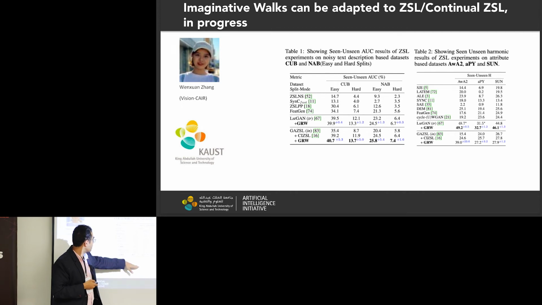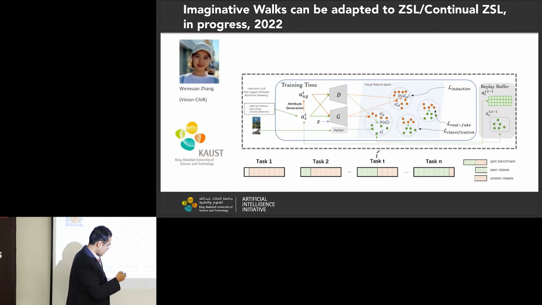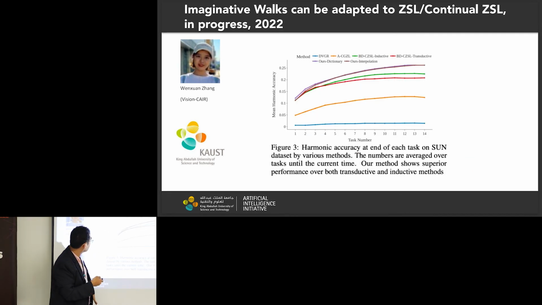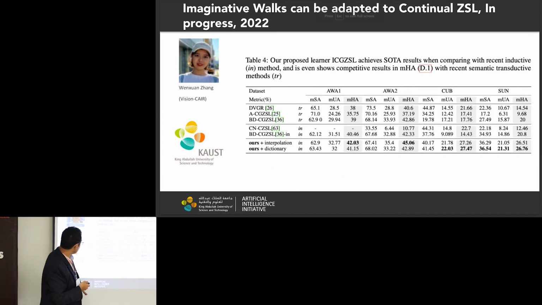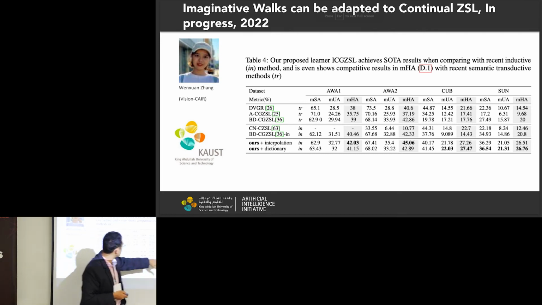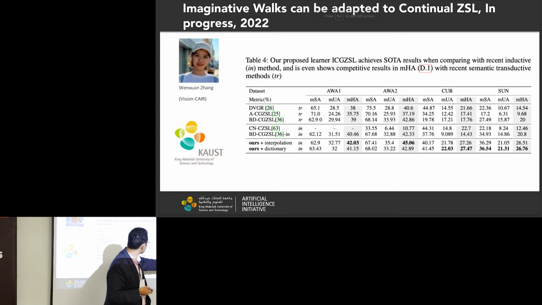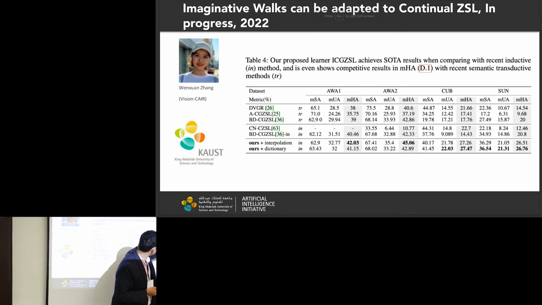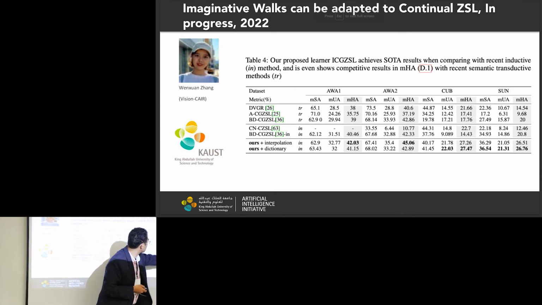In continual zero-shot learning, you can see sometimes it's 3%. In some other cases, actually much higher. Like in this case, 27. The closest runner-up is 21, so a 6% improvement.